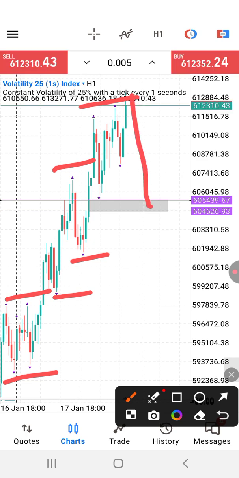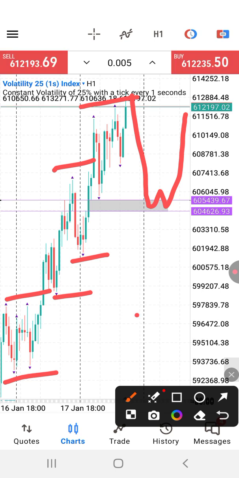We want to see price pull back down into our fair value gap and give us an entry. On the current time frame, we want the MACD indicator, the histogram bar and the signal line, to be above the 0 level when price comes back down there.